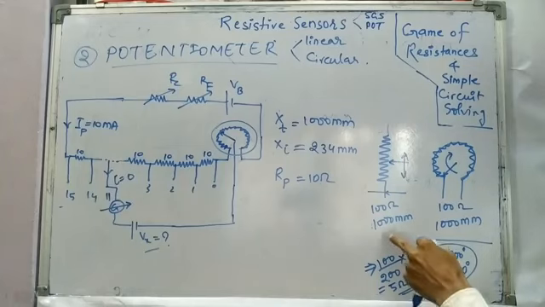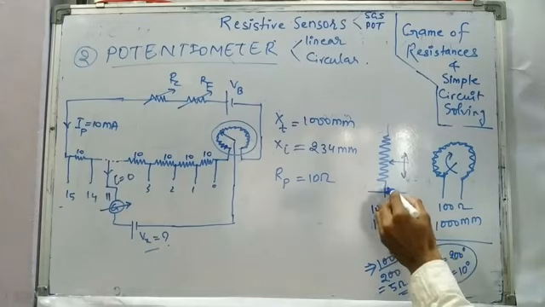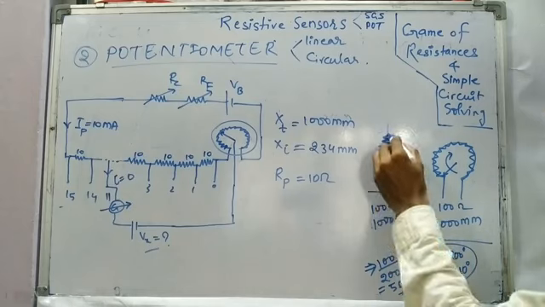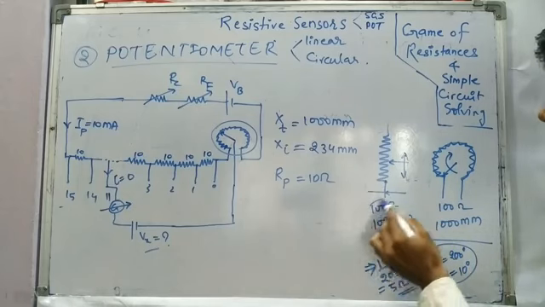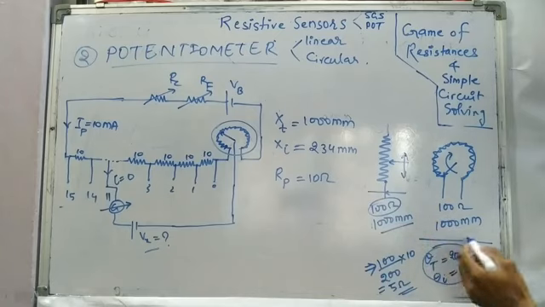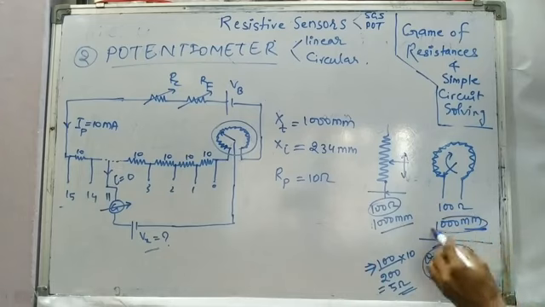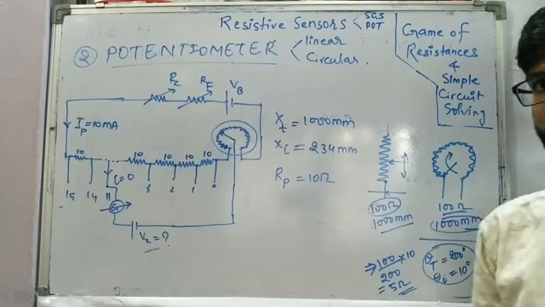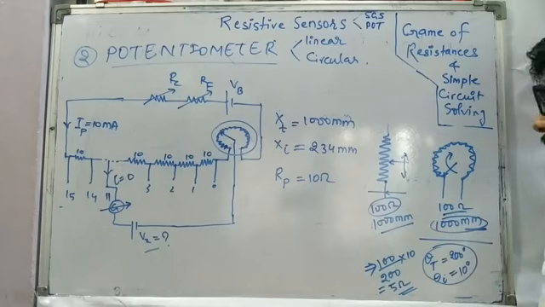Let us say in linear case, if the pointer is moving from here to here, total 1000 mm, and the resistance is varying from 0 to 100 ohm. So the same thing can happen here also, that if it is provided in terms of circular length, if it is 1000 mm, the potentiometer resistance will vary from 0 to 100 ohm.